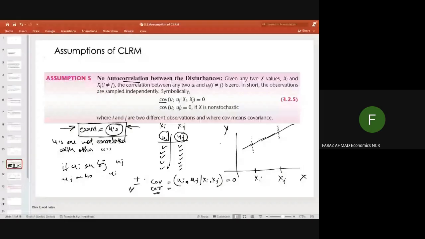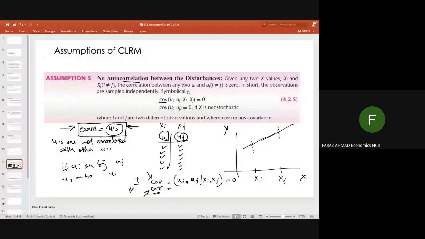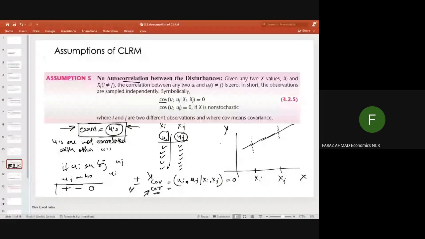Now, why is the word correlation used here, and covariance used here? Actually, you can use them interchangeably, covariance and correlation, when you are only interested in knowing three things: whether two variables are positively related, negatively related, or not related at all. So covariance is zero. Let us put positive and negative together, or zero.